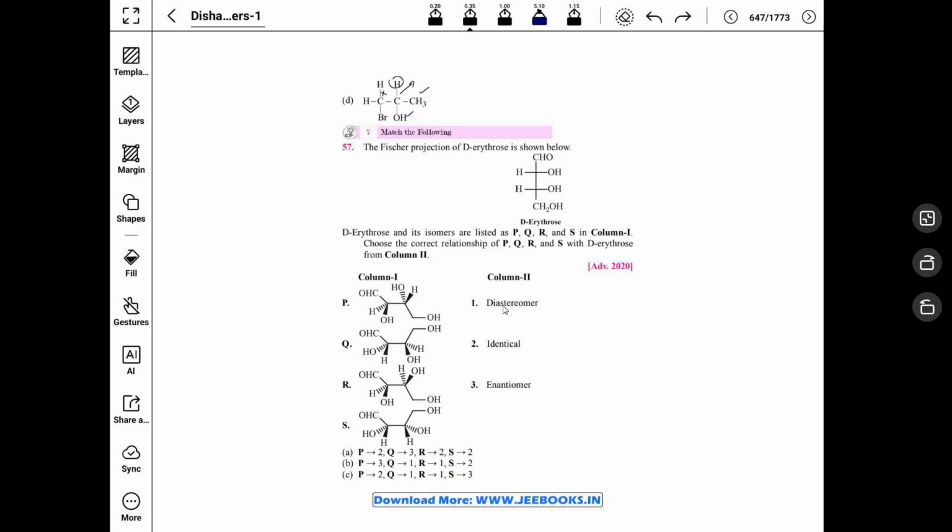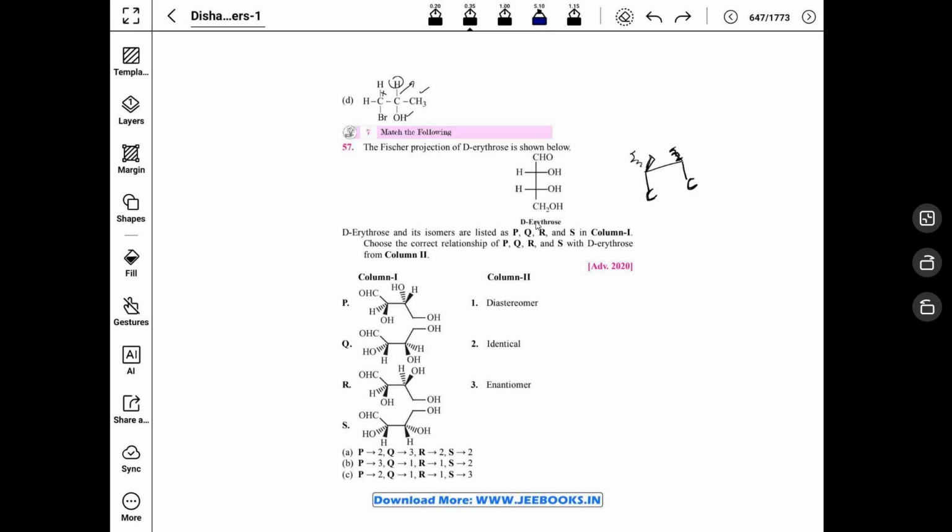For this, we should have the knowledge of converting Fischer projection to wedge projection or wedge projection to Fischer projection. So let's see how we can do it. When you want to convert wedge projection to Fischer projection, always remember that the carbon chain should be in the eclipsed position.